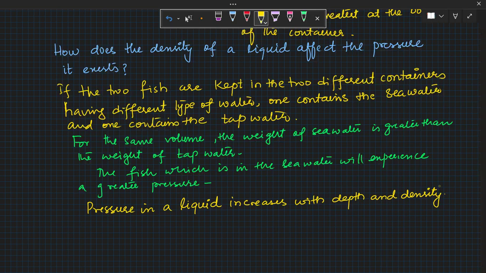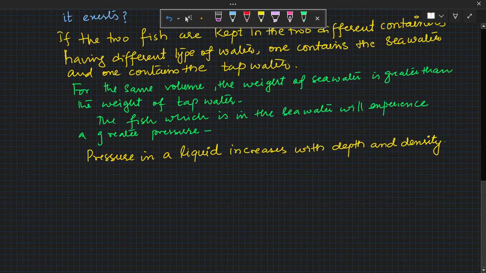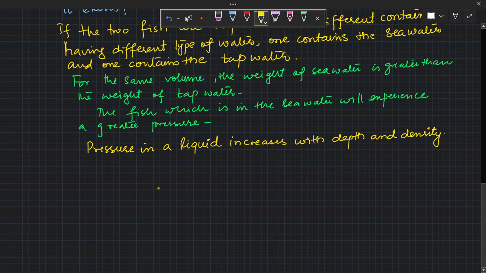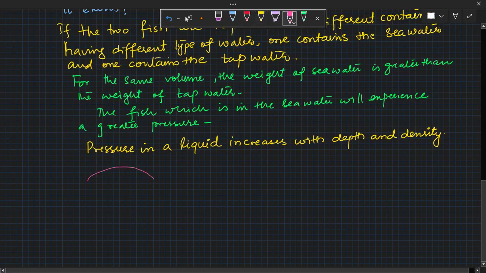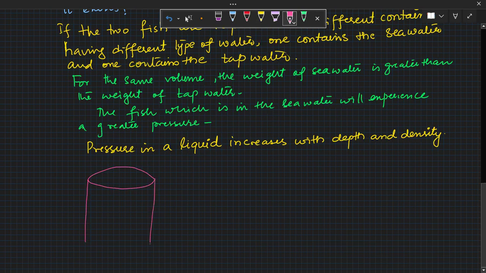Now, which formula will work for the density of the liquid? If I have one container, and the cross section of this container is A, clear? And the height is h, clear?